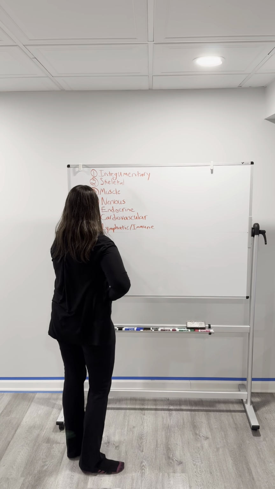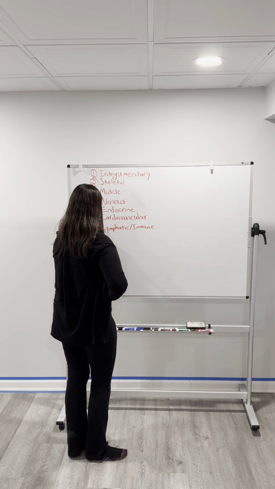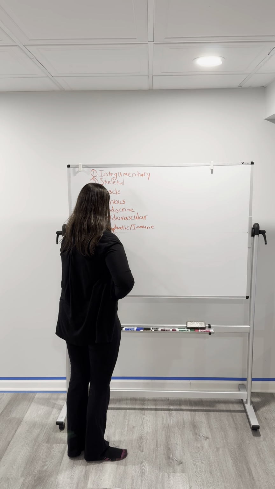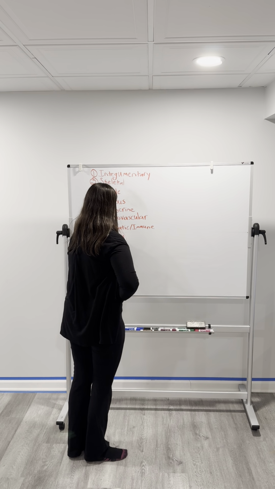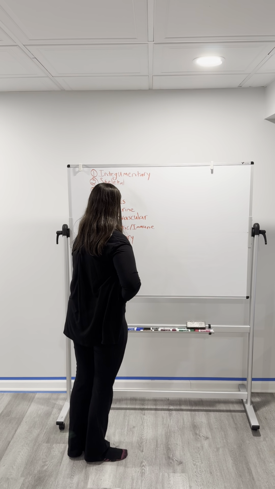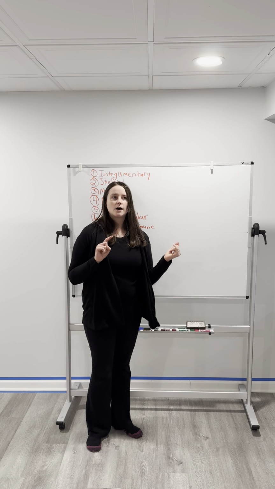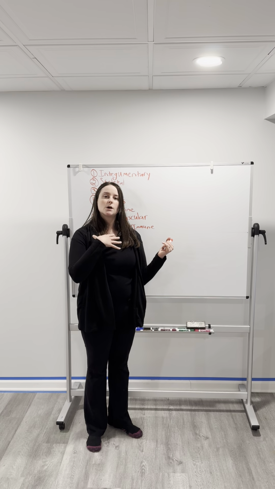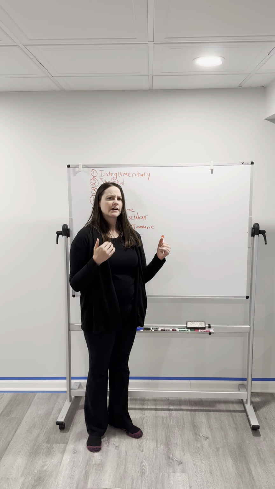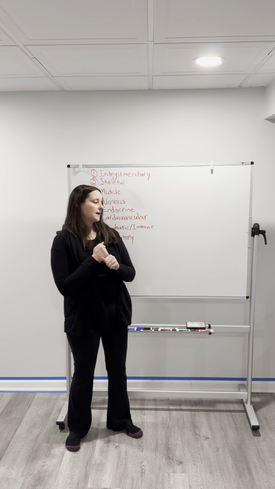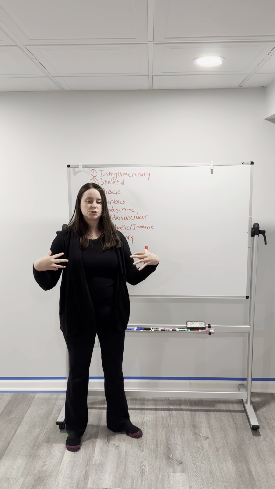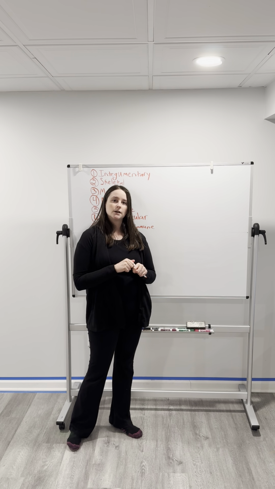Okay, then we have the respiratory system. So that's going to be our breathing, right? So our lungs, our pharynx, our larynx, trachea, and then bronchial tubes that go into the lungs.